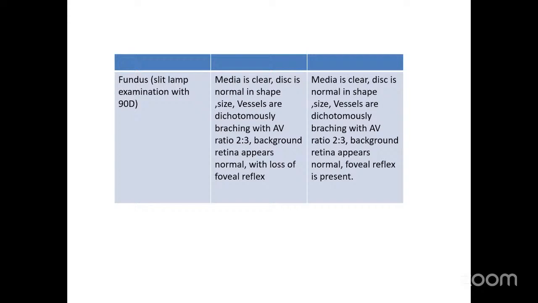Okay, so now one of the favorite questions of examiners. In a case of chronic anterior uveitis, what are the different causes because of which vision can be diminished, from anterior segment to posterior segment? What are the different reasons for diminution of vision? Start from the cornea.